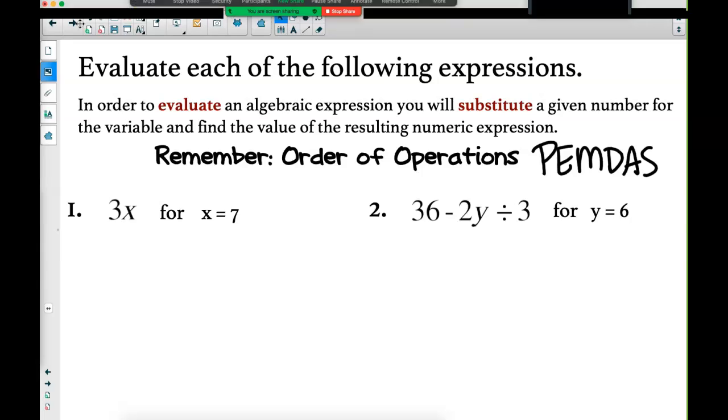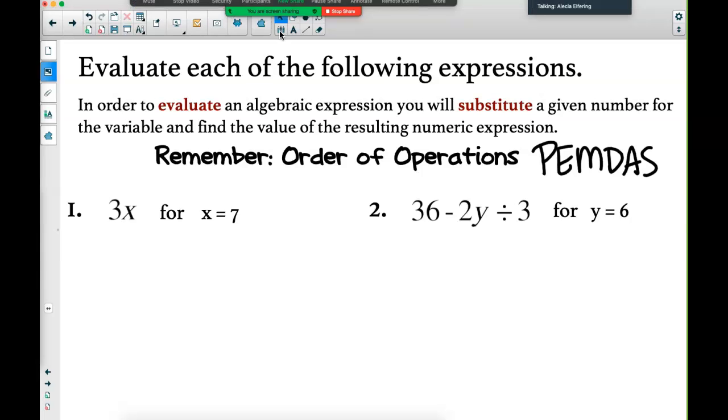Okay, and we're going to evaluate these expressions. Okay, so if I look at this first one, everybody write that in your notes, write 3x in your notes. Okay, and we're going to evaluate it for x equals 7. All that means is you're taking that number 7 and you're substituting it in for x and figuring out what it equals.